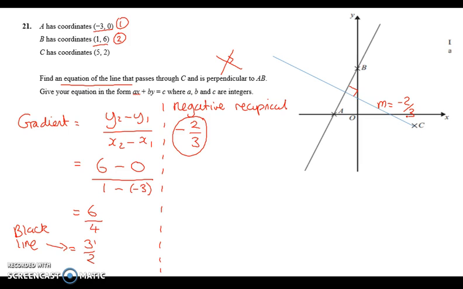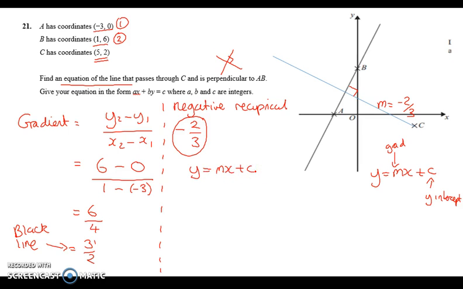Okay, so the equation of a straight line, normally we use y equals mx plus c. The m is the gradient, and the c is the y-intercept. So we know the gradient, but we also know the coordinates of point C. So I also know a value for y and a value for x. Let's take that equation, y equals mx plus c.